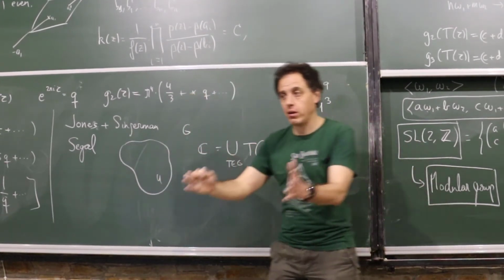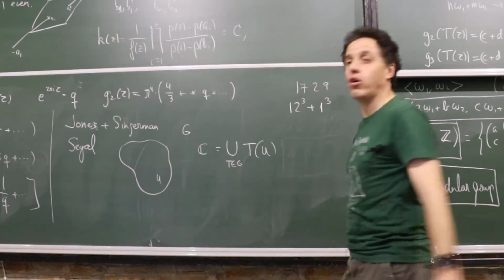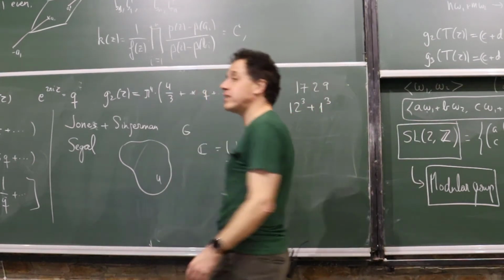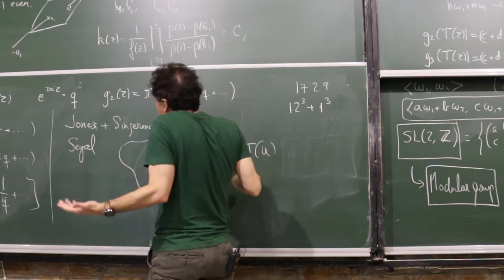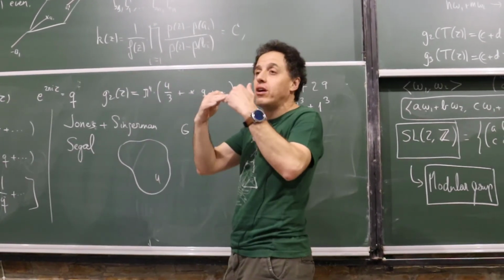So moving by the elements, you tile your domain or your plane, and two of these sets don't overlap. Well, you could impose that they don't overlap, or that they overlap only in the borders.